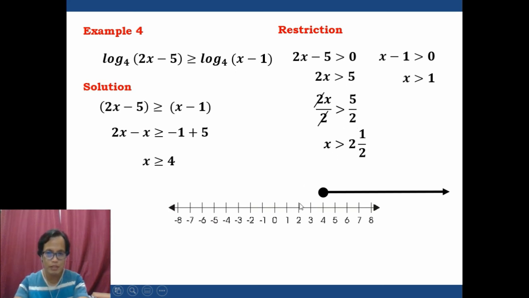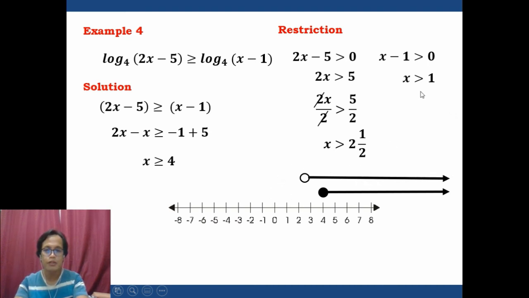So this is positive 2 and positive 3, and our point is located in between 2 and 3 because of 1 half. But this time, the symbol is greater than, so our point should be a hollow or unshaded point. Still greater than, the arrow goes to positive infinity.